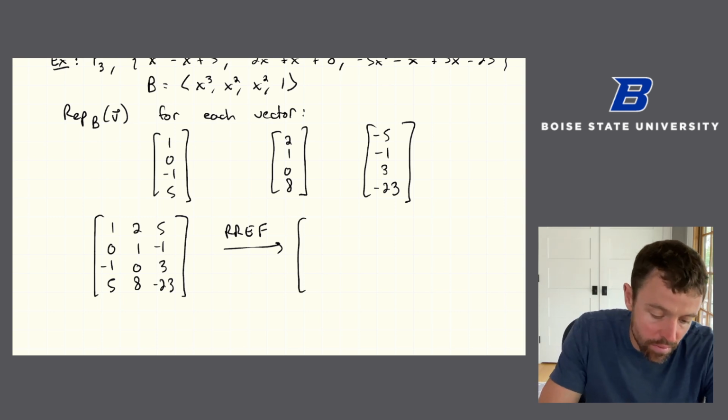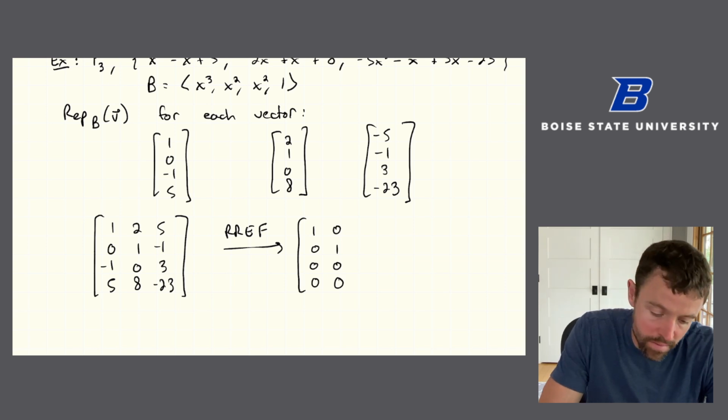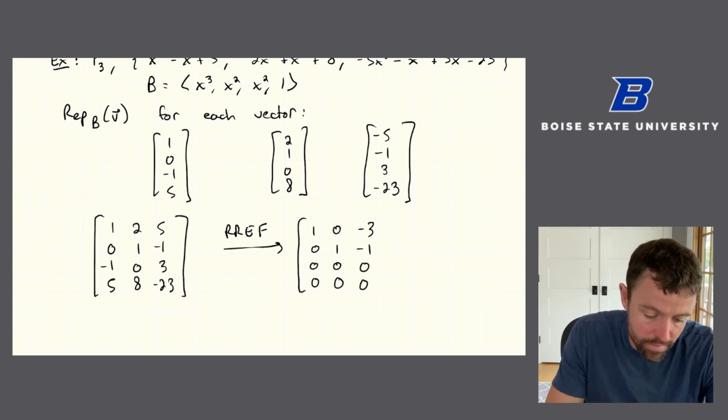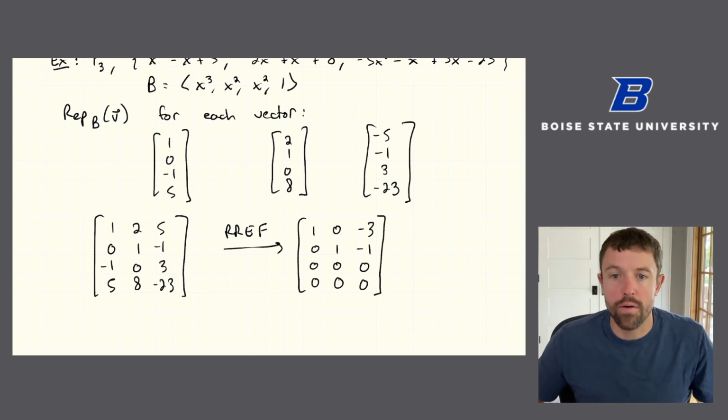I'll just tell you what we get. This is the reduced row echelon form. When you work it all out, you can confirm that.